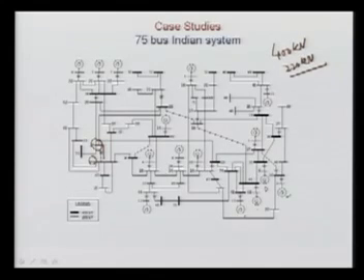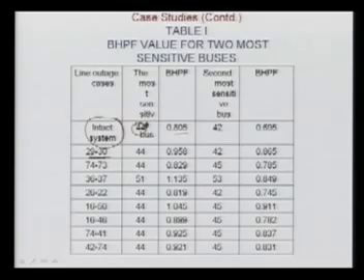If this transformer trips, then it is found that this is the value, and the most sensitive bus is 44, and the second one is also 44. Across the cases we keep getting 44, 42, 44, 42, 44, 54.